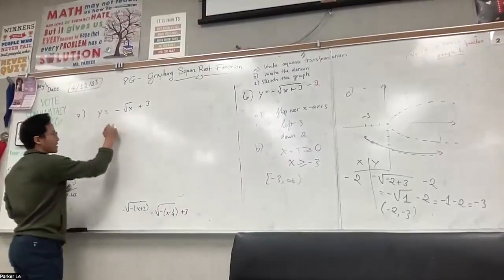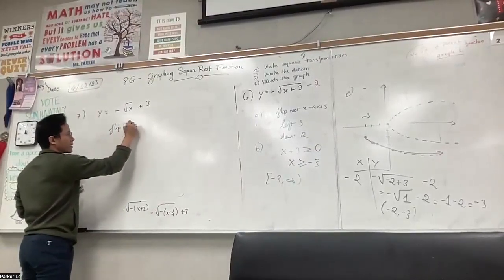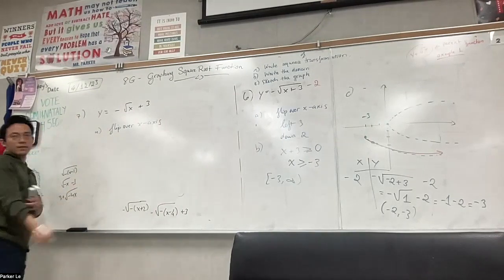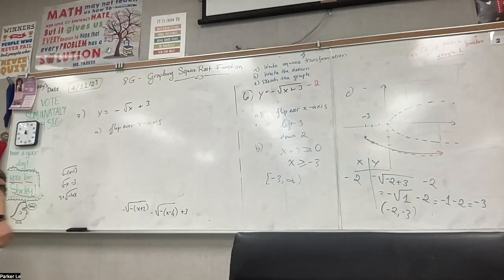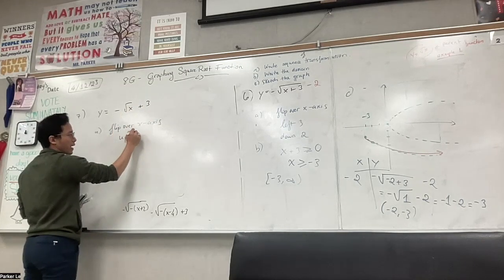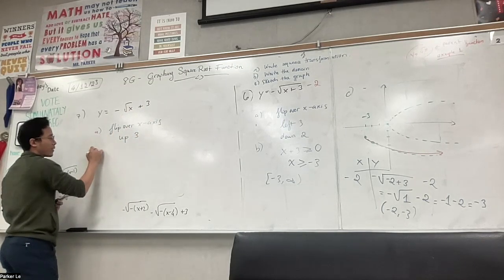Flip over x-axis, very good. Flip over x-axis. And what else? Up 3, very good. The number is outside, not inside the square root. So outside the square root is up or down.